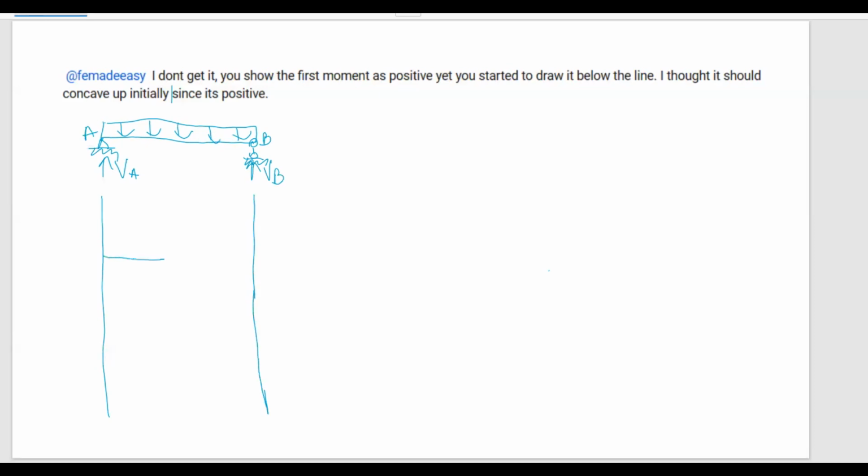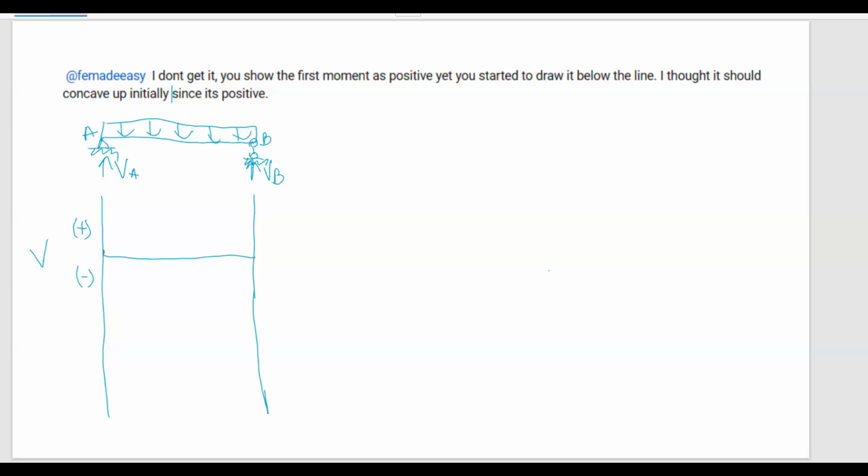And as you very well know already, the shear diagram, this is the positive side and this is the negative. And the shear diagram looks like this.